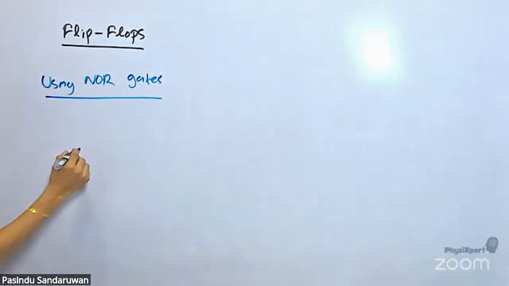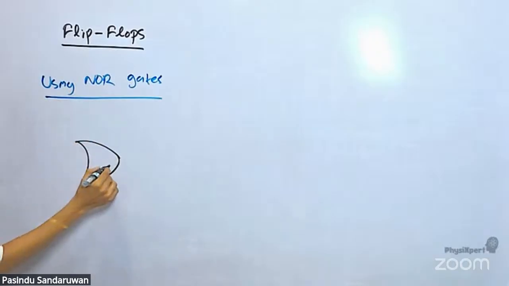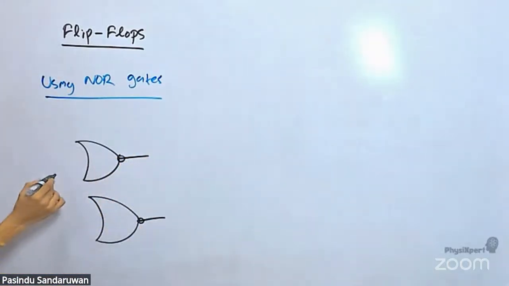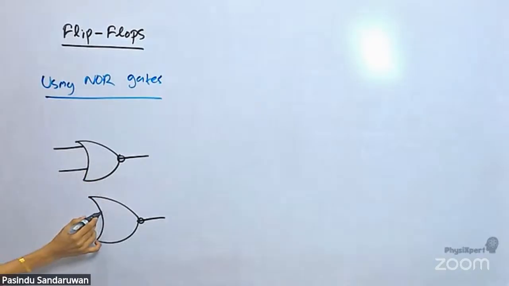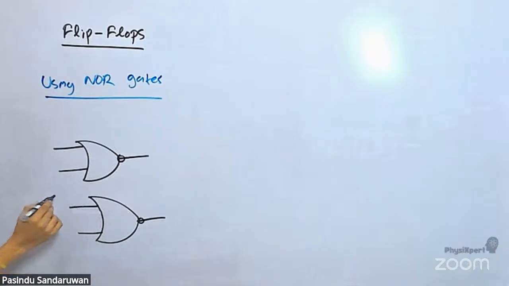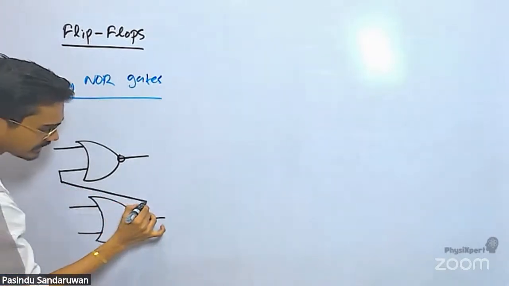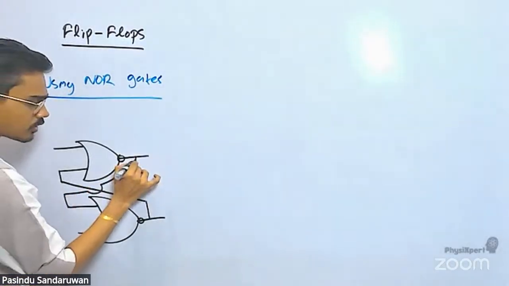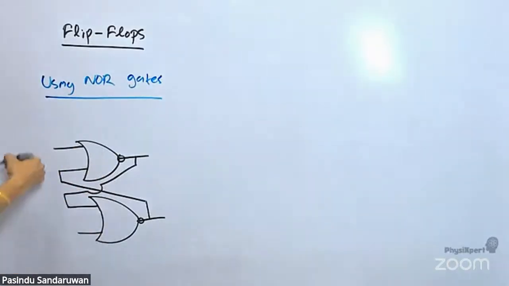You can draw two NOR gates parallelly like this, and extend their inputs like this. Then take one of the inputs of the first one and connect it with the output of the other one, and take this input of the other one and connect it with the output of the first one. This is called a flip-flop circuit.